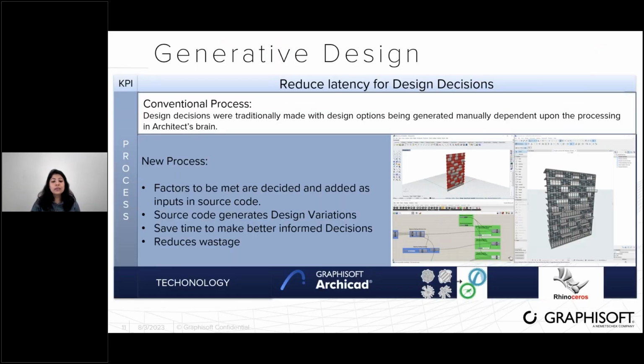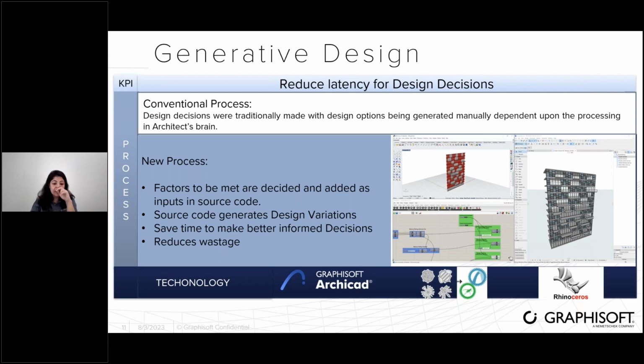As you know, in a conventional manner, you would have been doing these calculations with hand rendering or a 2D view, but now with the help of these tools, you have predefined parameters based on your requirements, and they are all keyed inside the source code itself. So you can get various design variations, and this helps you to have a better visualization of your design options, and it also reduces a lot of wastage.